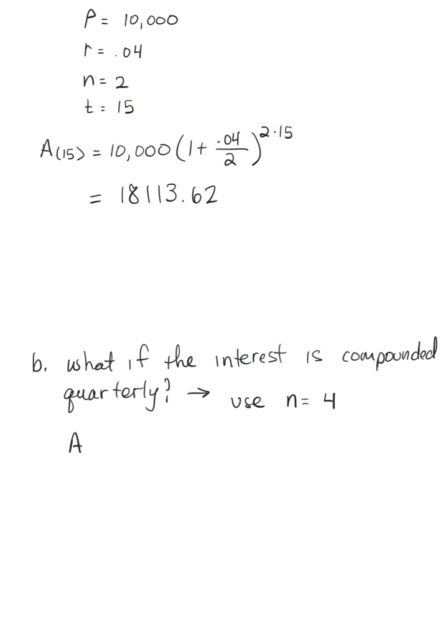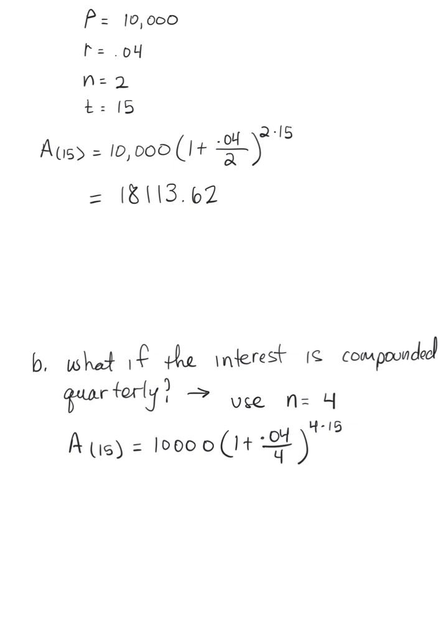So the amount after 15 years is going to be the same principal investment, $10,000, and the same interest rate, 4%. Now we're going to divide this by 4, and it's going to be raised to 4 times 15.